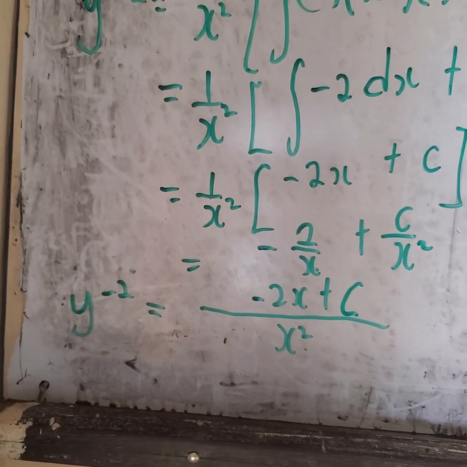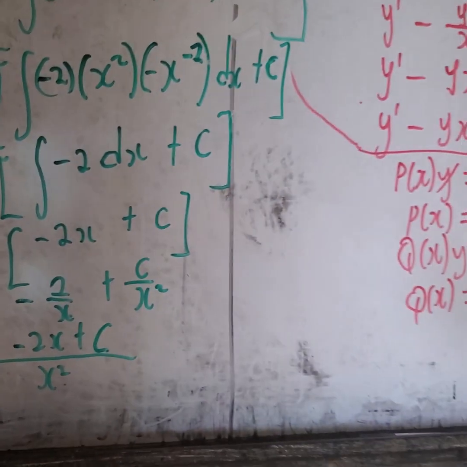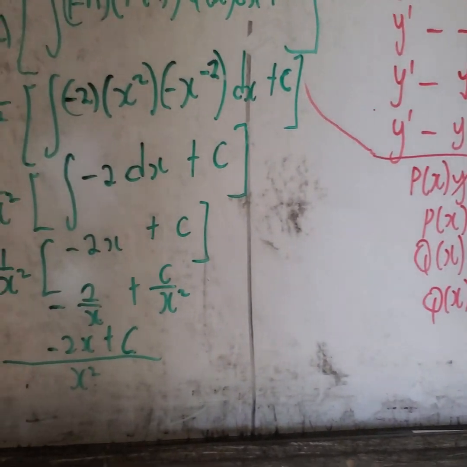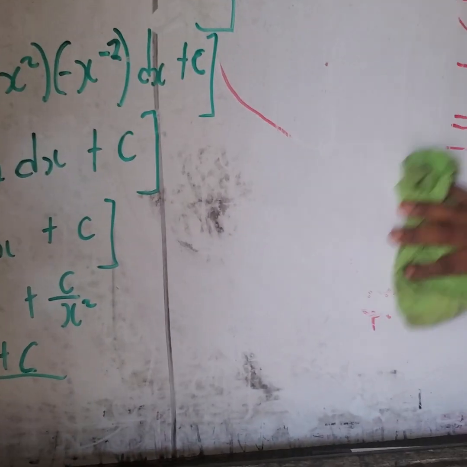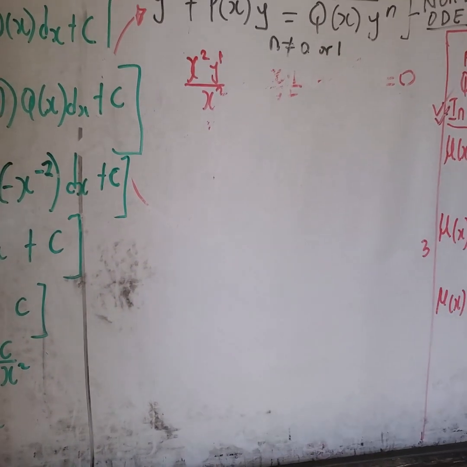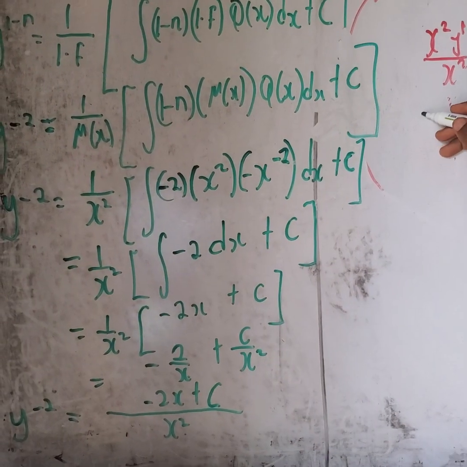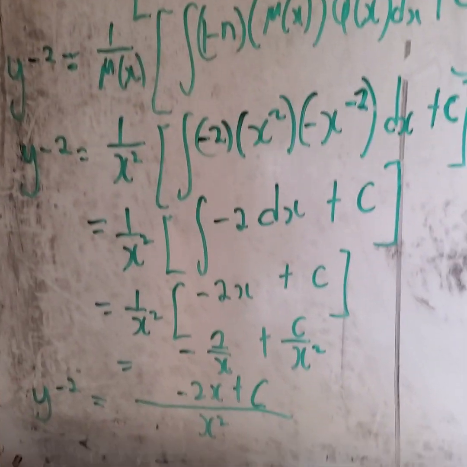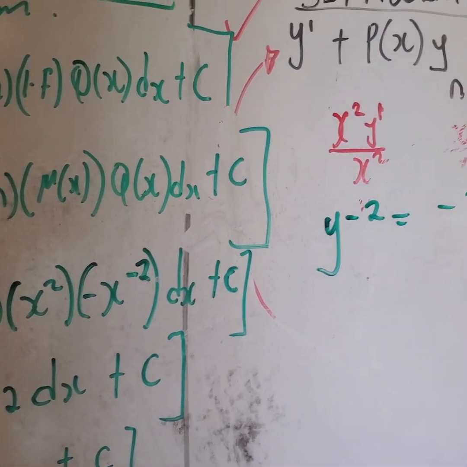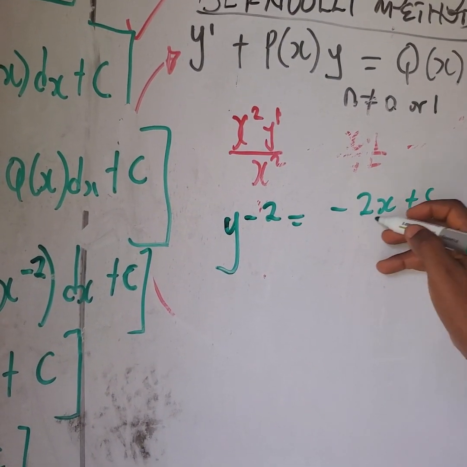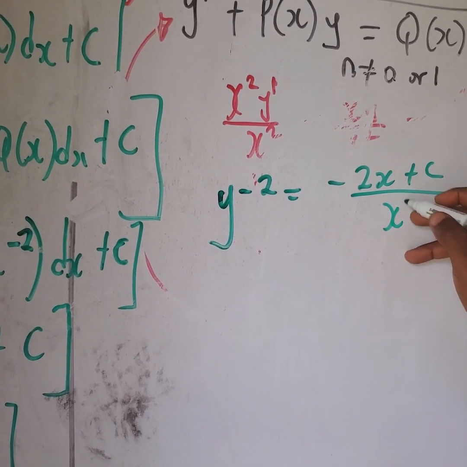So, this expression that I have here, I want to rewrite it in this place now. Look at it again. The expression I have down here, y raised to power minus 2 is equal to minus 2x plus c divided by x raised to power 2.